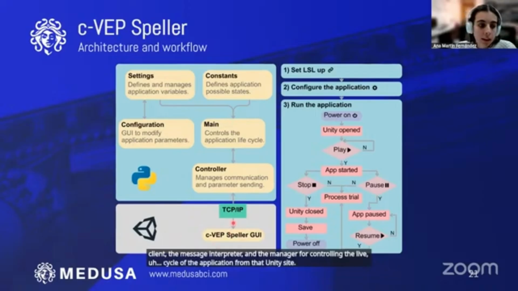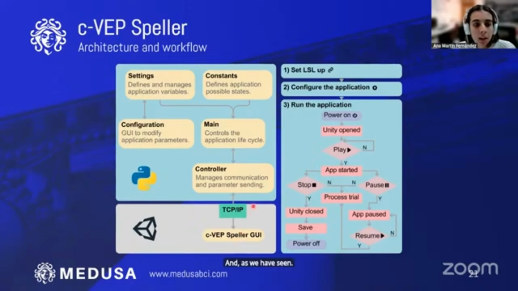And as we have seen, these two parts are in communication through the TCP/IP protocol, with Python as the server and Unity as the client.